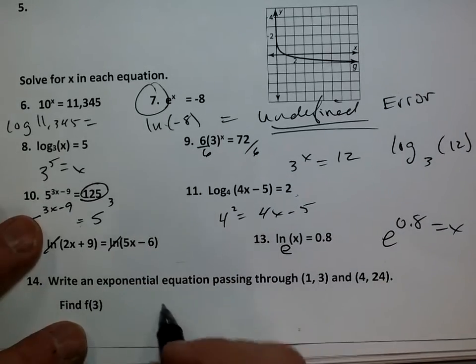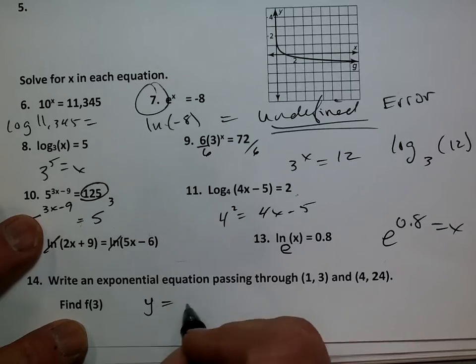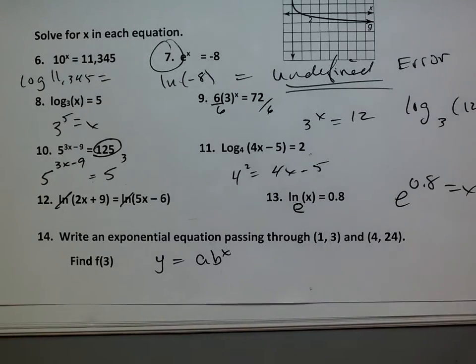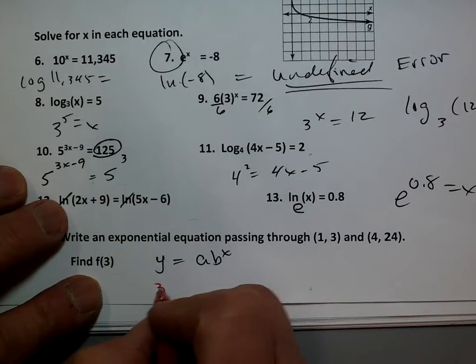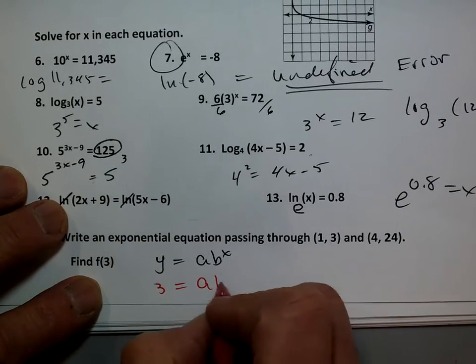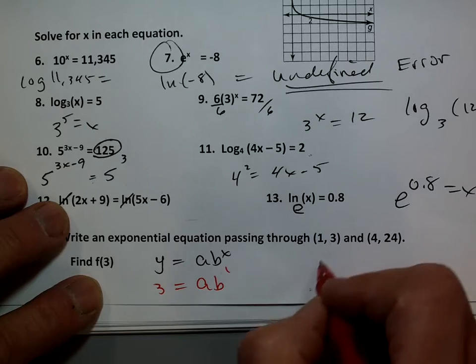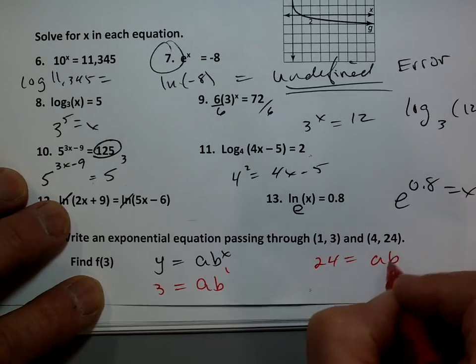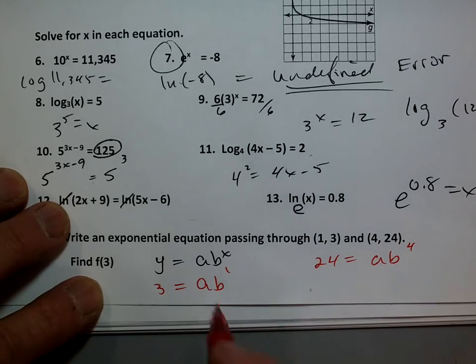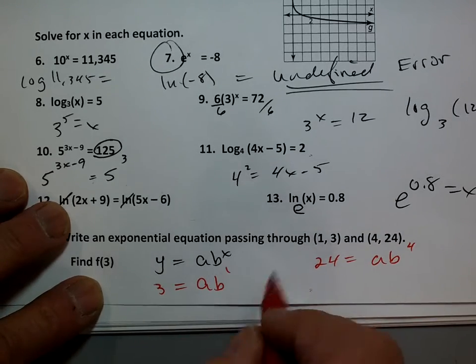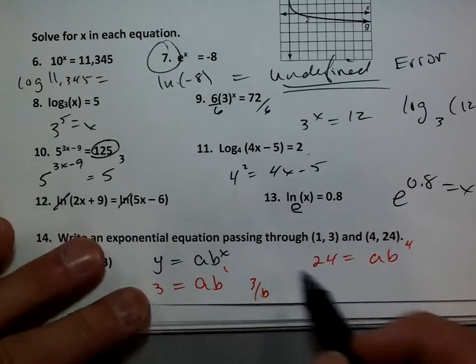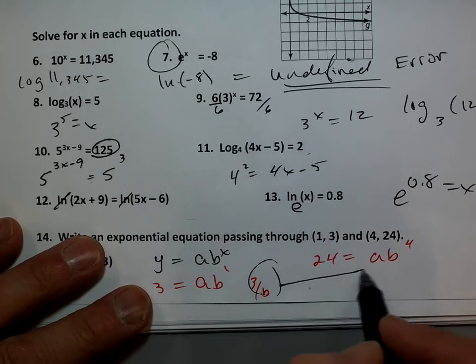And finally, number 14, you have to use your y equals ab to the x. This is what we talked about yesterday, where you're going to go 3 equals ab to the 1 power, and 24 equals ab to the 4th power. Solve for a so that you get 3 over b, and you're going to substitute that in over here and solve.